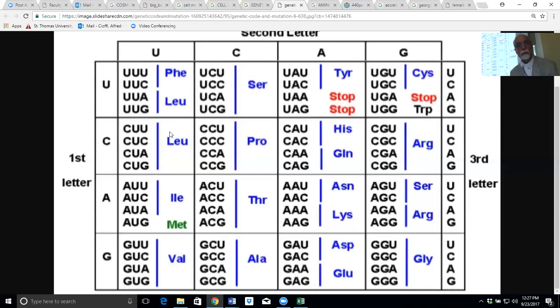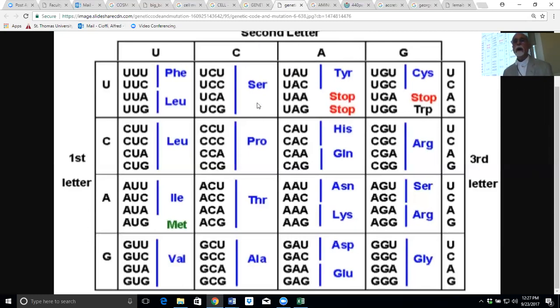So what is shown in blue here mostly, and then green, are the amino acids, the ones that make the proteins, okay? So don't confuse nucleic acids with amino acids. Nucleic acids are the building blocks of RNA and DNA.